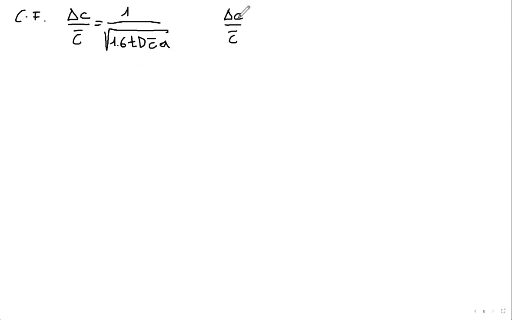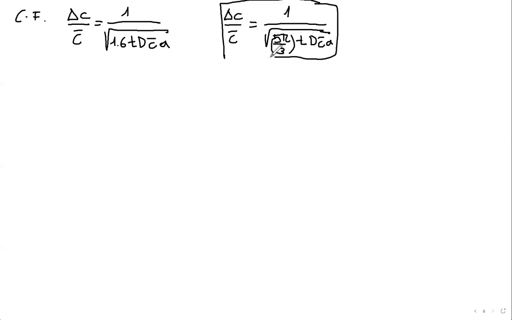It doesn't matter if I put delta m or c because they are related by a constant. Now I'm getting 1 over the square root of 5 pi divided by 3, times T D C bar a, the same type of formula. This is the formula we got today, and this is the formula we got the other day with simple estimates.